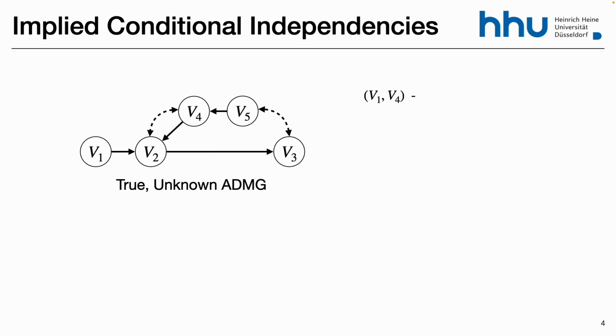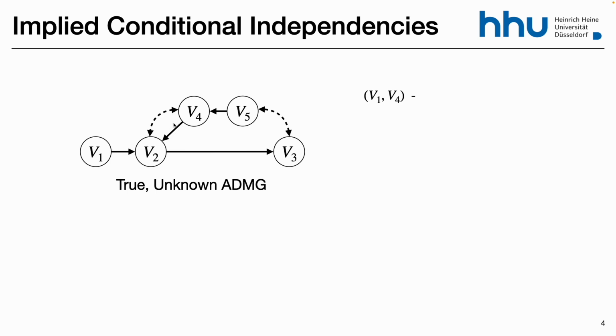Yes, there are several paths between them, right? So it looks like an inducing path, but it needs one path that's open and one path with a lot of colliders to actually have an inducing path, right? So here this is a collider, here it's a collider.